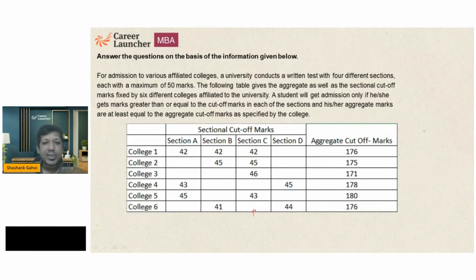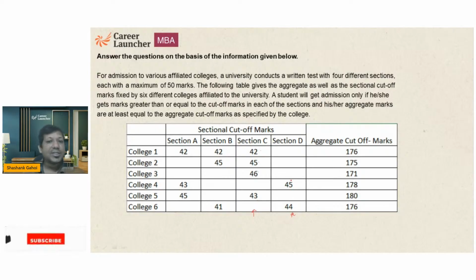One is going to be section C and section D. Section C has cut off in college 1, college 2, college 3, college 4, college 5, and section D has cut off in college 4 and college 6.